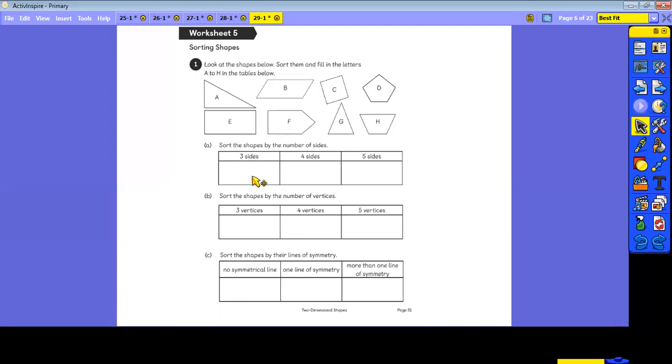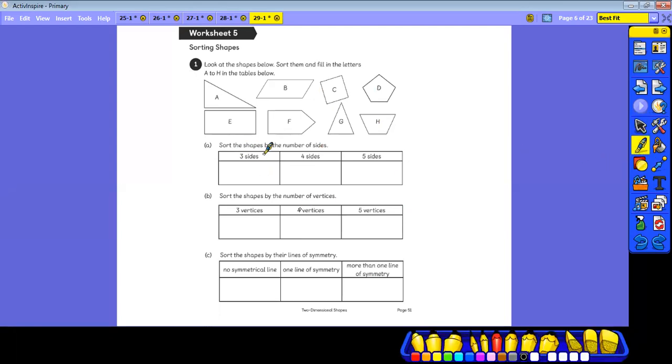Okay, so the first way we have to sort them is according to the number of sides, and instead of having to draw them, we just write the letter that represents the shape. Let me show you with this first box here. Sort the shapes by the number of sides. So let's look at shape A. 1, 2, 3 sides. So shape A would go in this box, the 3-sided shapes.